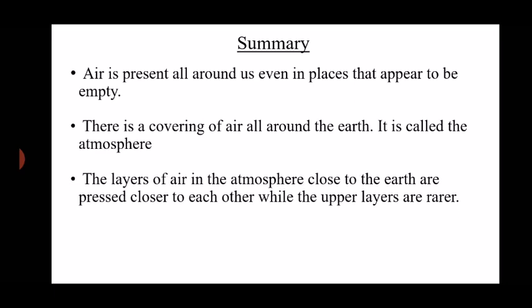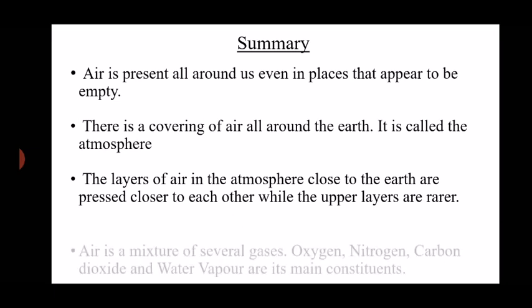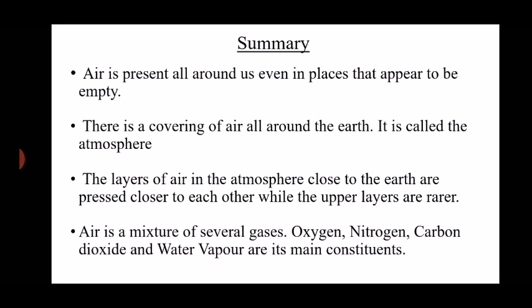The layers of air in the atmosphere close to the earth are pressed closer to each other, while the upper layers are rarer. Air is a mixture of several gases: oxygen, nitrogen, carbon dioxide, and water vapor are its main constituents.